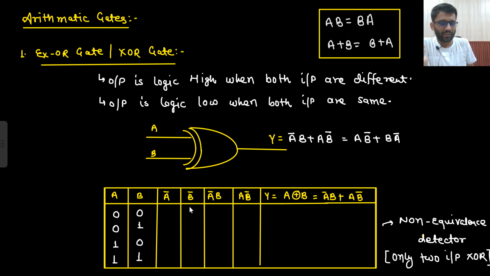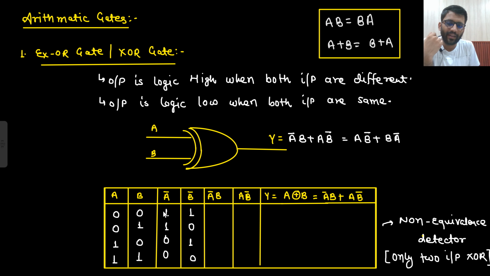So let's check the truth table, what we get. First I am writing A bar. What will be A bar? 1, 1, 0, 0. Bar of B will be 1, 0, 1, 0.